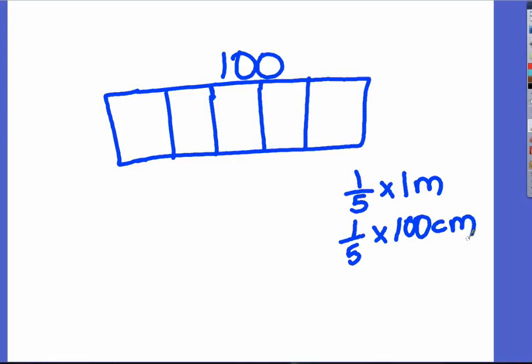So first you have to find out how much is in 1/5. How much is in 1/5 of 100? 20? Because 20 times 5 is 100. So we have 20.